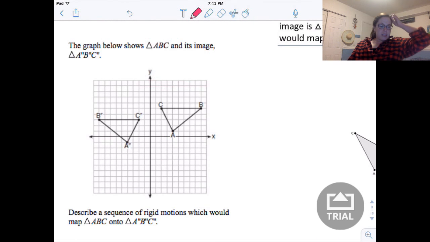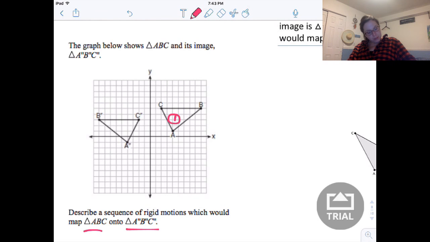Describe a sequence of rigid motions which would map ABC to A double prime, B double prime, C double prime. Notice, 1, 2. I would encourage you guys to label them, to remember, right? The other thing I would encourage you to do is to actually graph on your graph what you're saying happened so we can be sure that that's what happened, okay?